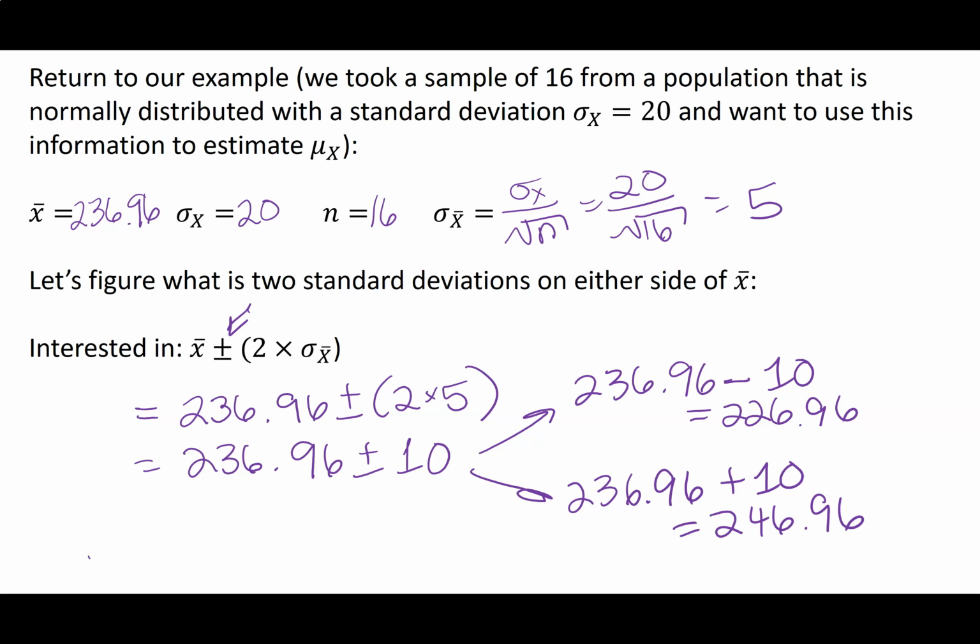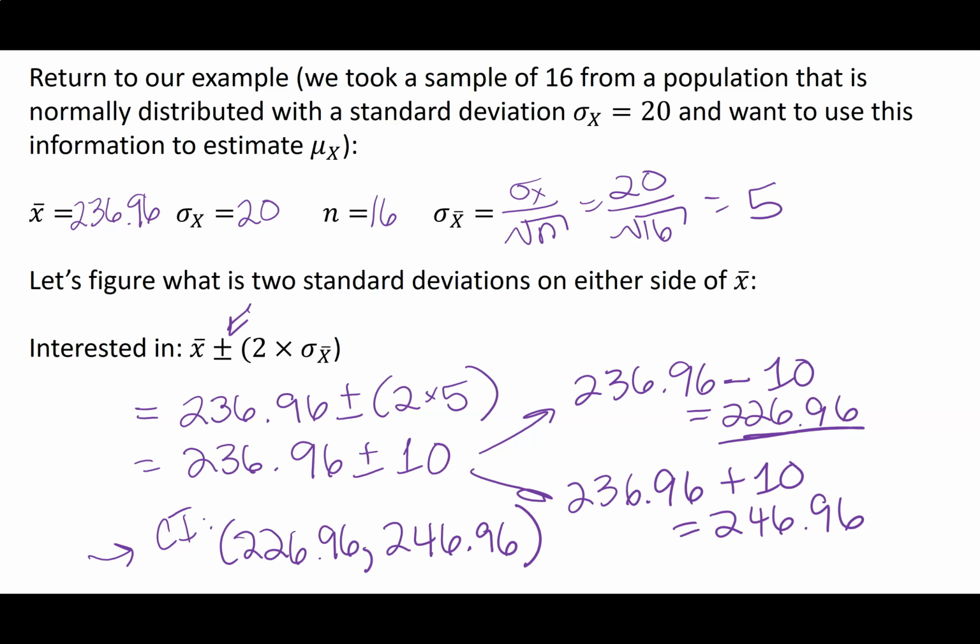My interval, I'm putting it here in interval notation: parentheses, my lower one, the one that used subtraction, 226.96, and then comma, and then the bigger one, 246.96, and then parentheses. Notice that 236.96 should be smack in the middle of those two numbers, exactly in the middle.